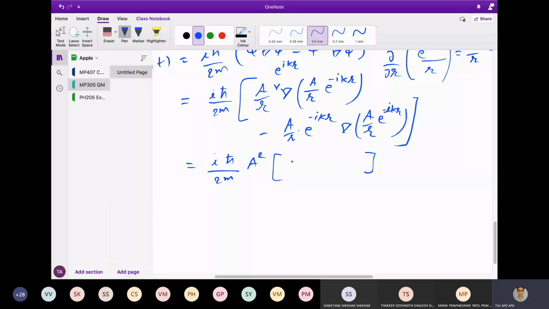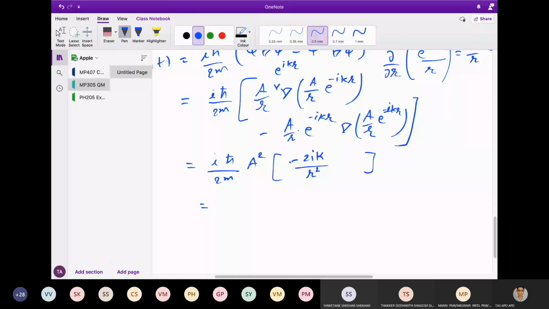You should get minus 2ik upon r square in this bracket. You will have two terms, minus ik upon r square minus ik upon r square. So it will be minus 2 times ik upon r square. So the 2 gets cancelled and i square is equal to minus 1.